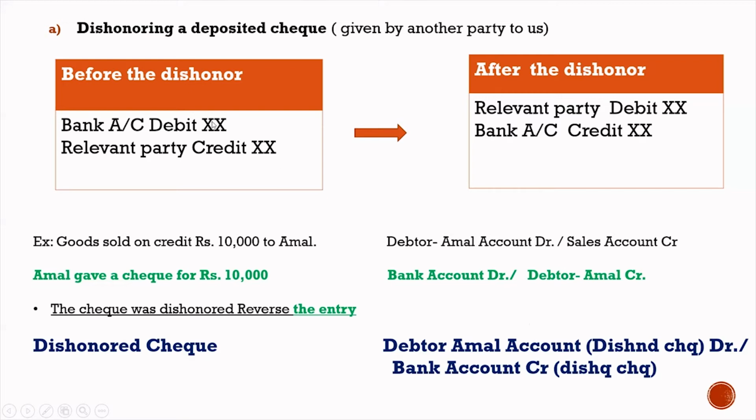And then we have to credit the bank account stating that there's a dishonored check, right? So we put that in our bank while we use our opposite account's name. In brackets, we write dishonored check as well so that we can clearly identify it.